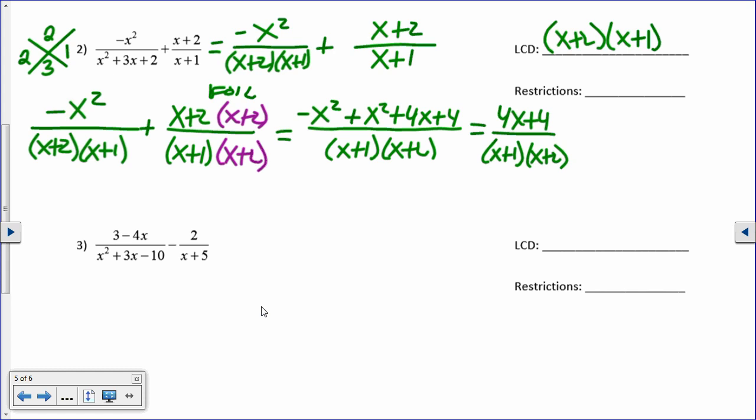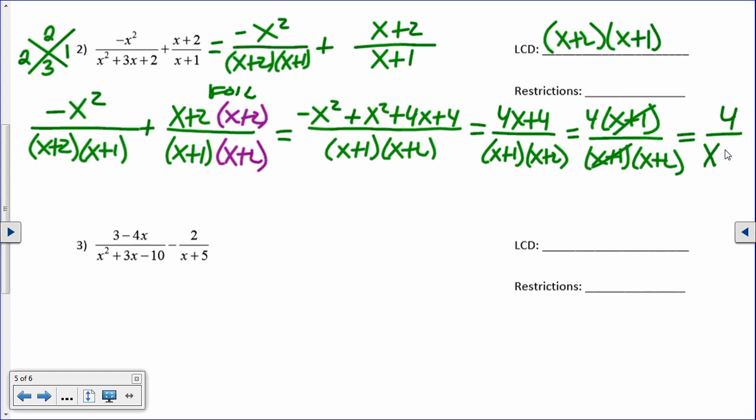Factor, and try to cancel stuff. Can I factor this? How? Factor out a 4. Yes, you can. That was the whole point of remembering to simplify. You can cancel this with that, so our final answer is going to be 4 over x plus 2.